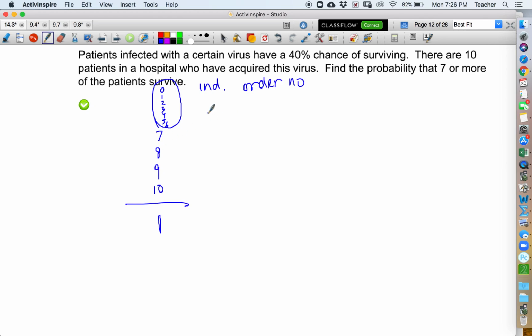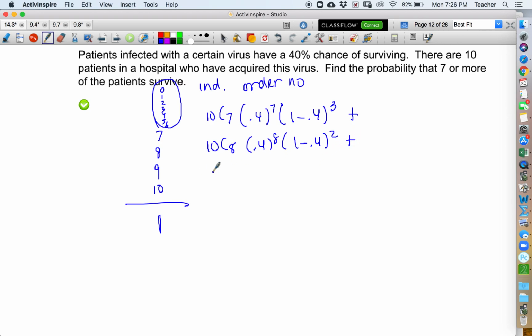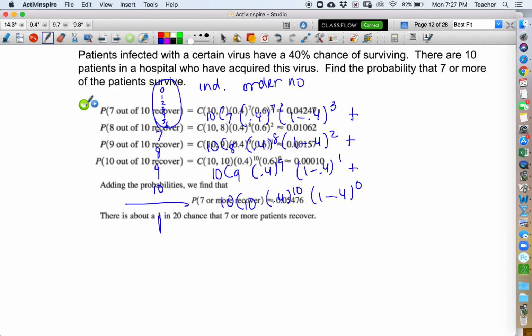So of the 10, you want 7 of them to survive. The probability of surviving is 10 C 7, 0.4 to the 7th power, 1 minus 0.4 to the 3rd power, plus 10 C 8, 0.4 to the 8th, 1 minus 0.4 to the 2nd power, plus 10 C 9, 0.4 to the 9th, 1 minus 0.4 to the 1st power, plus 10 C 10, 0.4 to the 10th, 1 minus 0.4 to the 0 power.